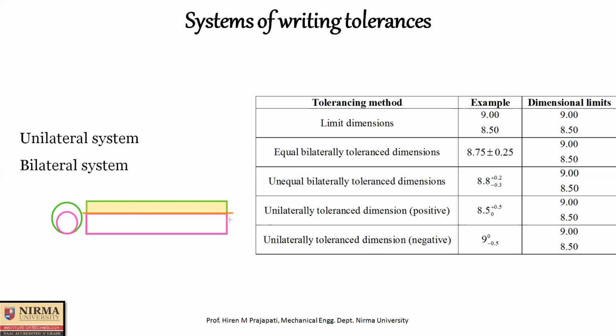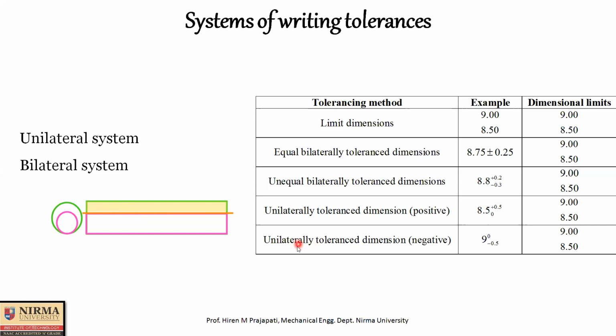Now I hope it is clear to all, because here also the tolerance zone of the shaft is above basic size. Okay, now 8.5 plus 0.5, so 9 mm. So this green line is the 9 mm line, and 8.5 plus 0, then 8.5 is the lower limit. So this violet line and this orange line, means the basic size is directly equal to the lower limit of the shaft.